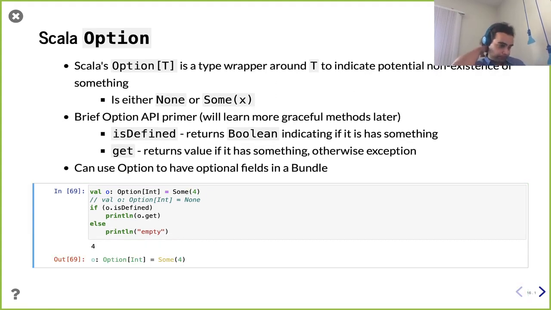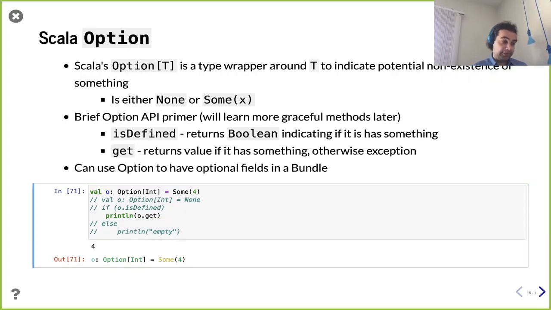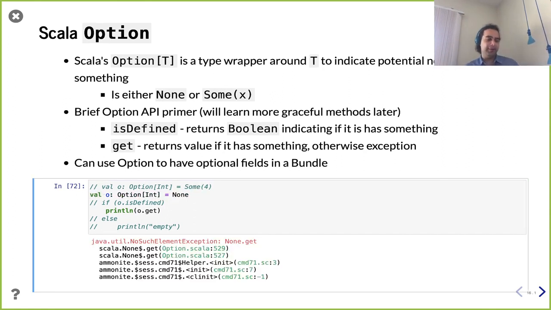Now, here, because it's defined, we get the value. If I didn't define this thing, of course, it's going to get None. And if I, for example, didn't bother to check if it's defined and just tried to access it, and it was something, it's going to work, but that's risky because, of course, if it was nothing, it blows up, right?